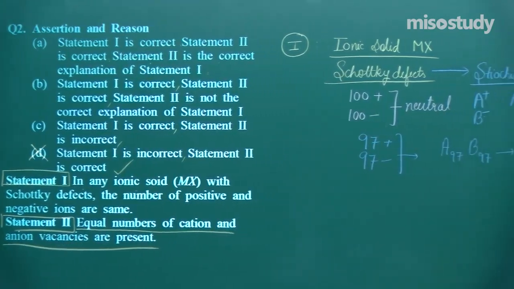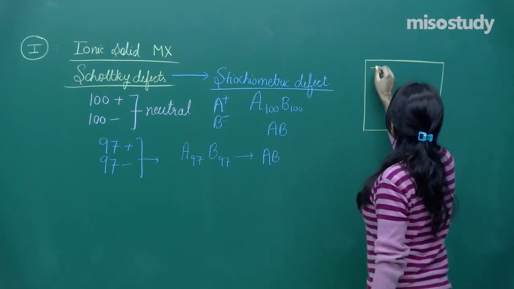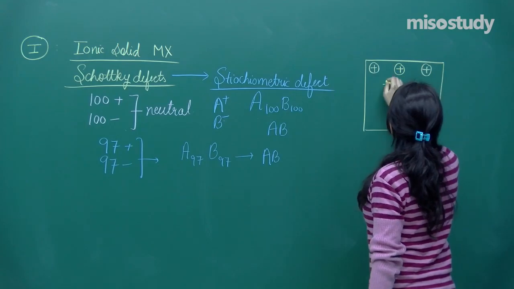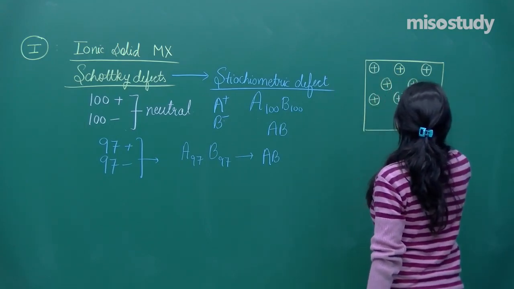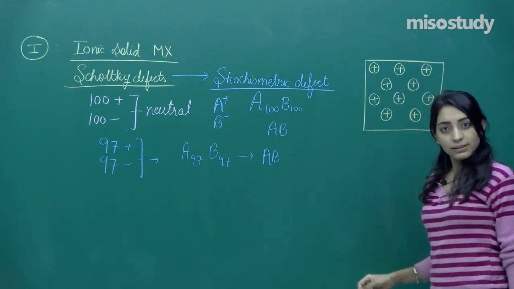For example, there is a crystal with 1, 2, 3, 4, 5, 6, 7, 8, 10 positive charges, okay?